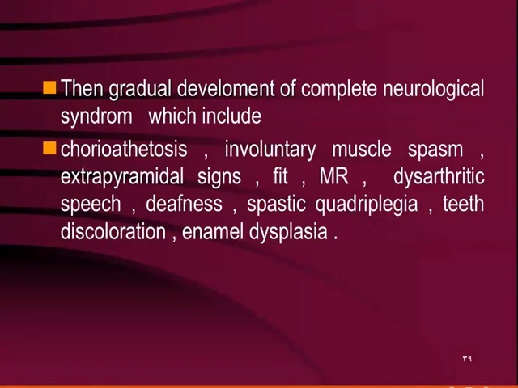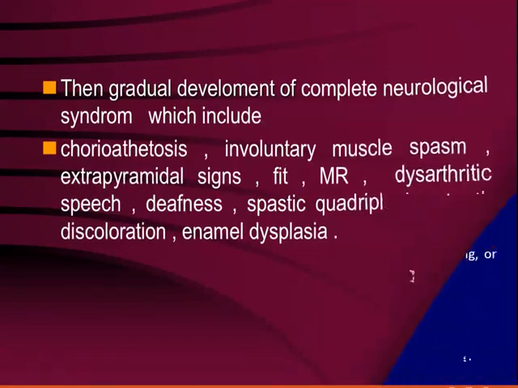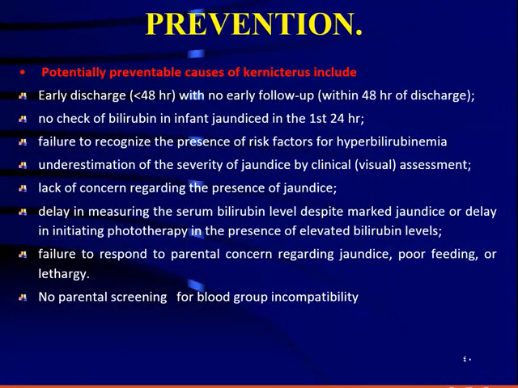Then gradual development of the complete neurological syndrome, which includes choreoathetosis, involuntary muscle spasm, extrapyramidal signs, fits, mental retardation, dysarthric speech, deafness, spastic quadriplegia, teeth discoloration, and enamel dysplasia.